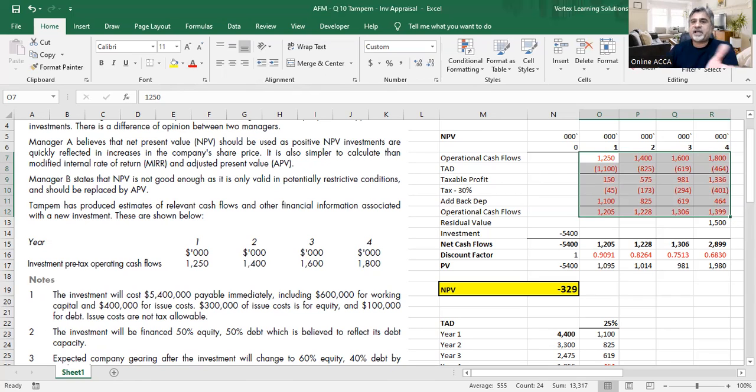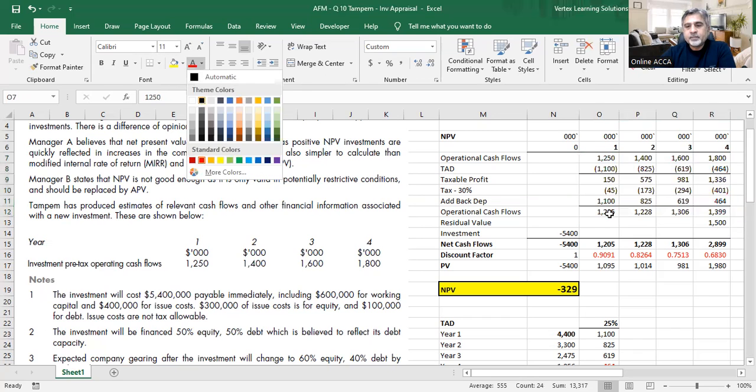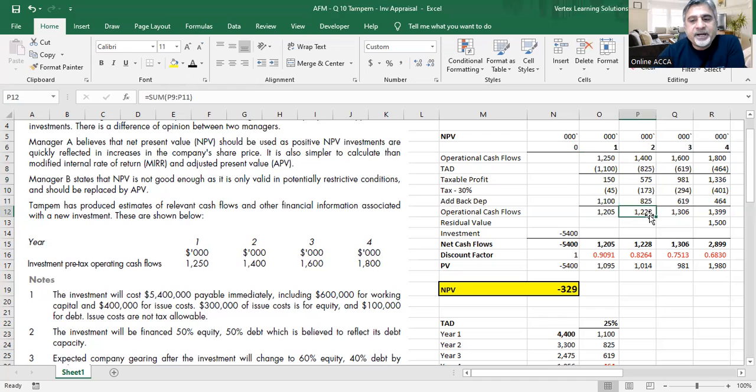Even if you achieve all the cash inflows and outflows as you forecast, still your NPV, at the end of the day, is not what you expected. The reason is that NPV assumes that all the free cash flows you make, like at the end of year 1, you had a cash flow of 1.2 million, year 2, you had a cash flow of 1.228 million, will be reinvested.